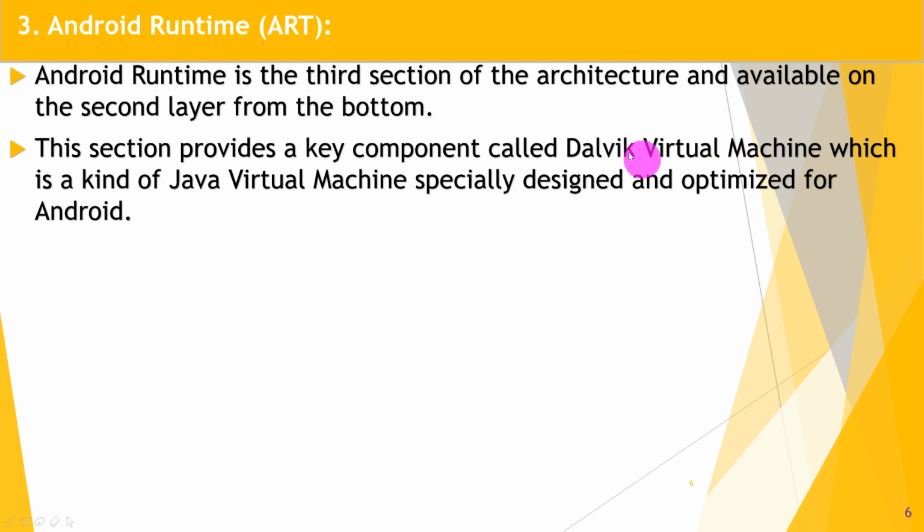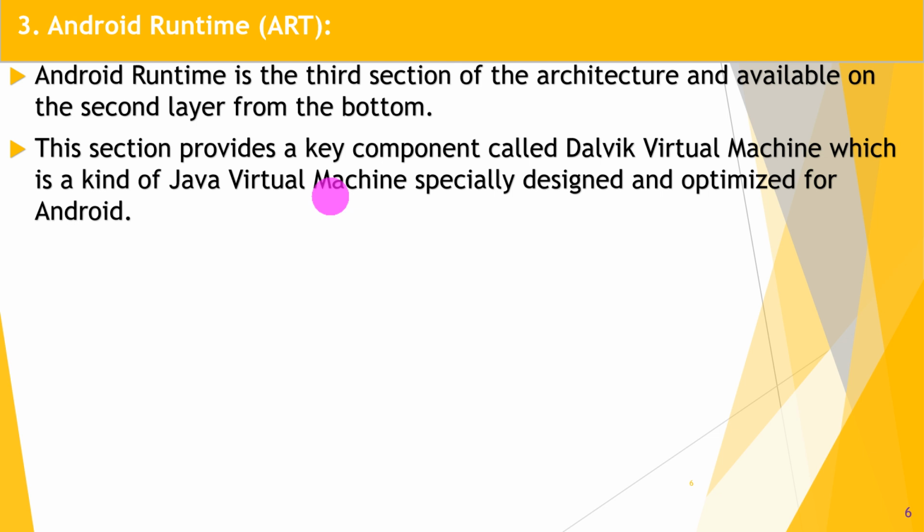Okay, that is DVM, which is a kind of Java virtual machine specifically designed and optimized for Android. Great. We all know we can write our code in Java itself in Android for developing our apps. So whenever there is a Java language, that means a Java virtual machine is required to run or execute the Java code.